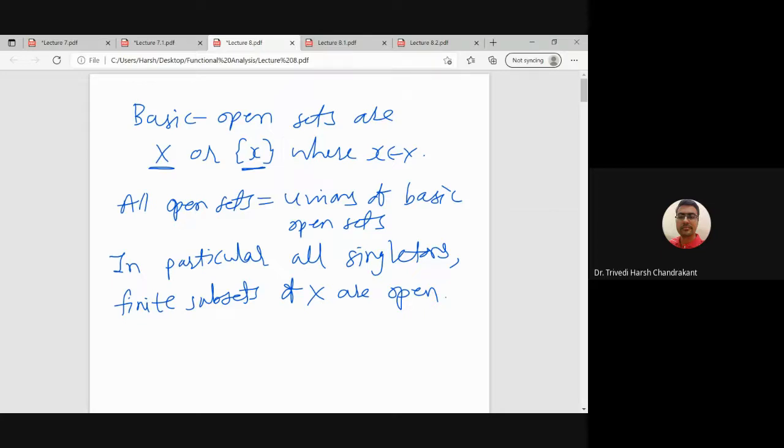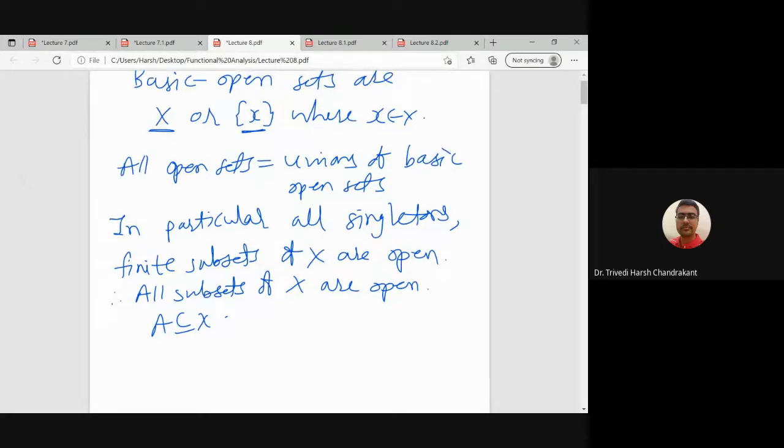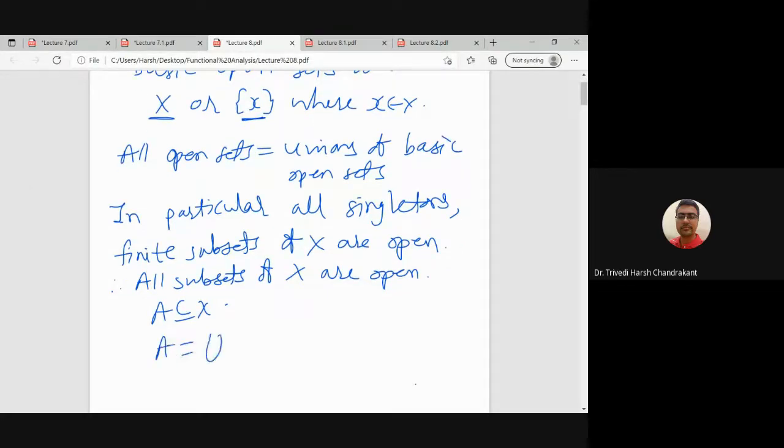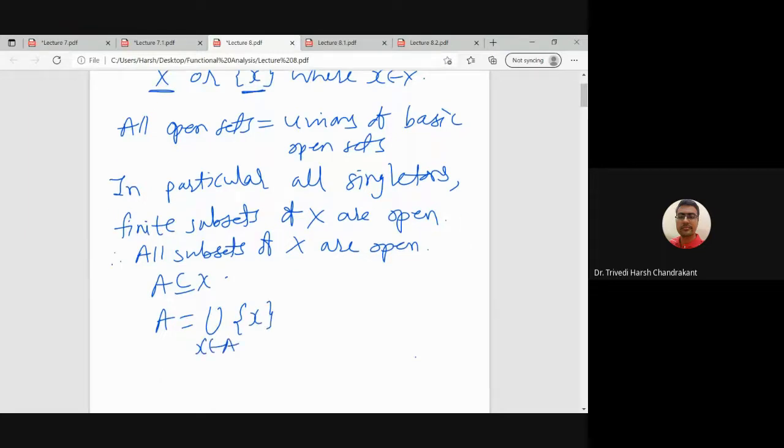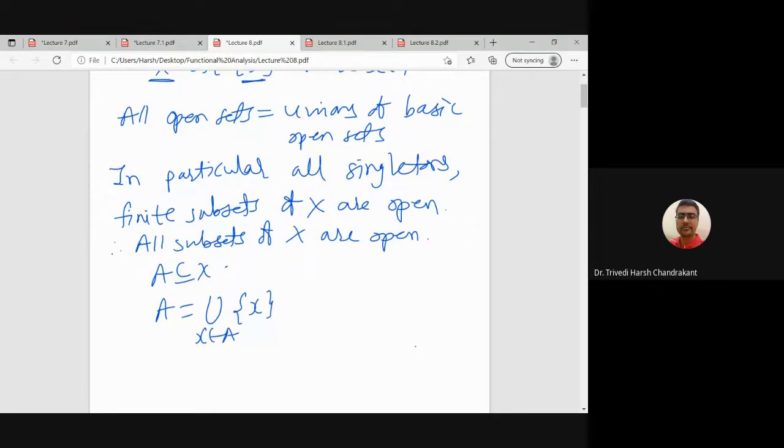So in short, all the subsets of X are open. Because if you take any subset A of X, then we can write A as a union of singletons {x}, where x belongs to A. And each singleton is open, so the union of that is open, so A is open.